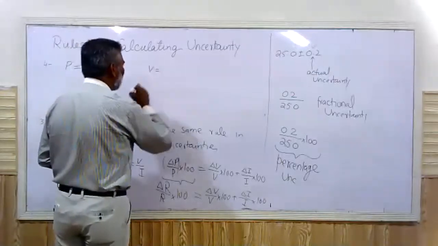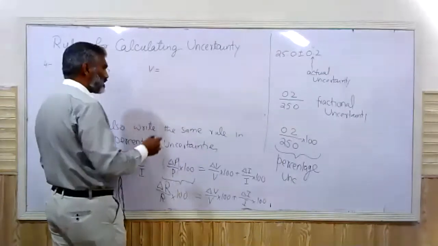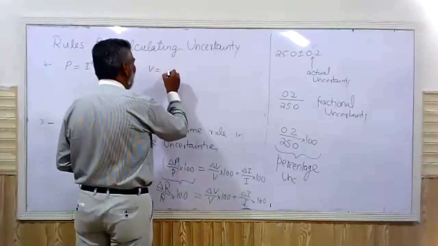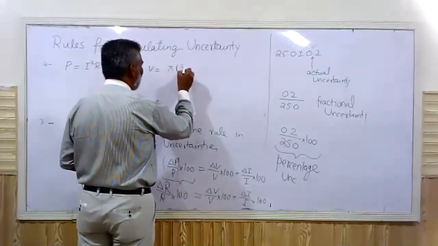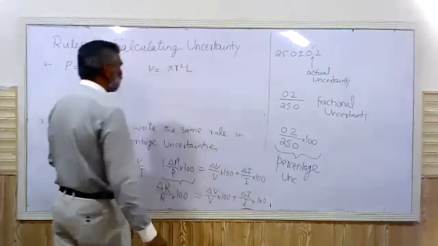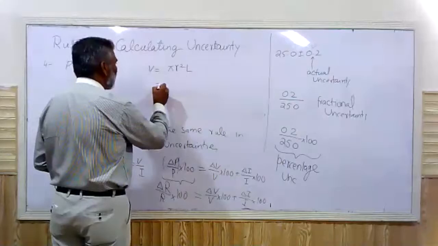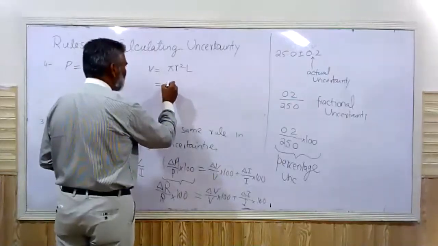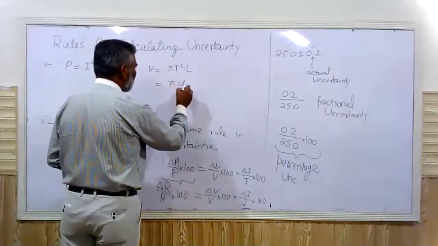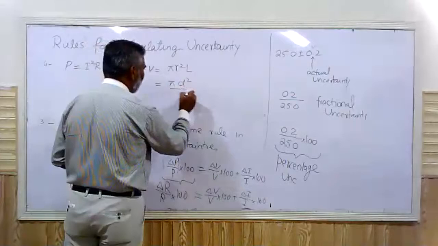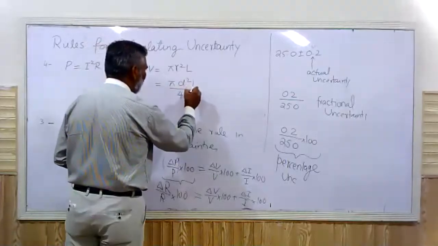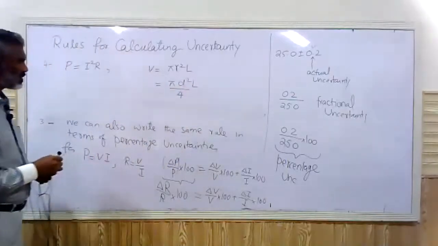Volume of a cylinder, for example, is expressed as pi R square L, which could be further expressed as pi d square over 4 into L. So same formulas.